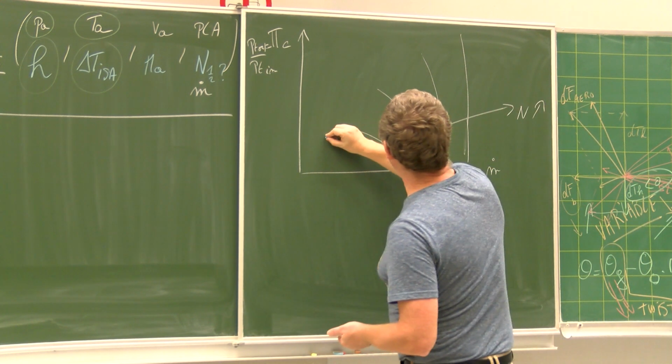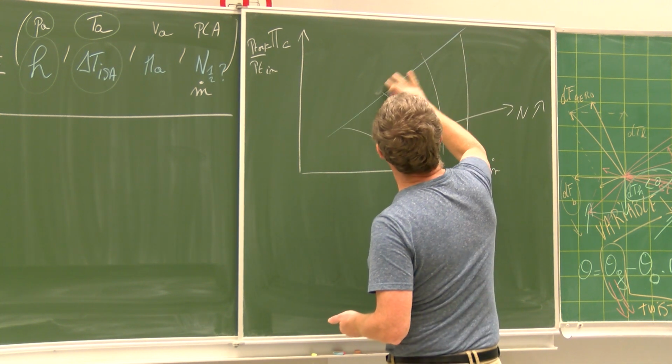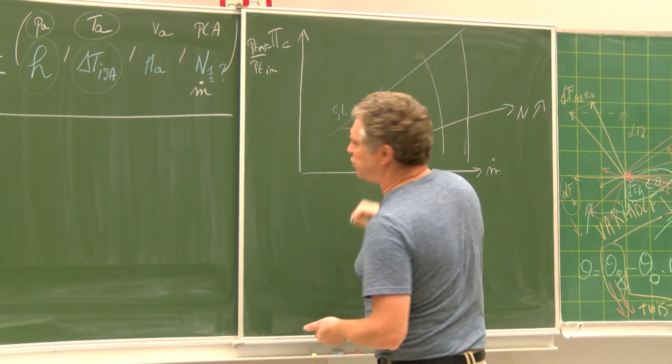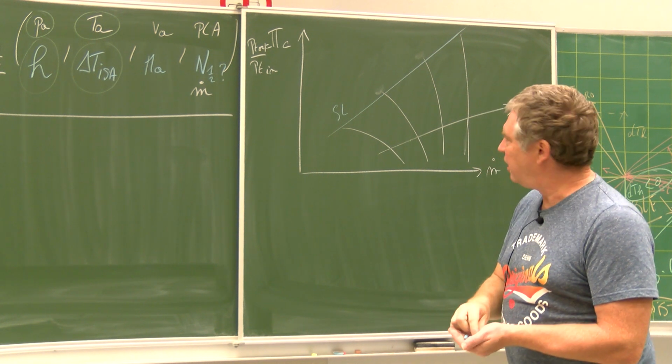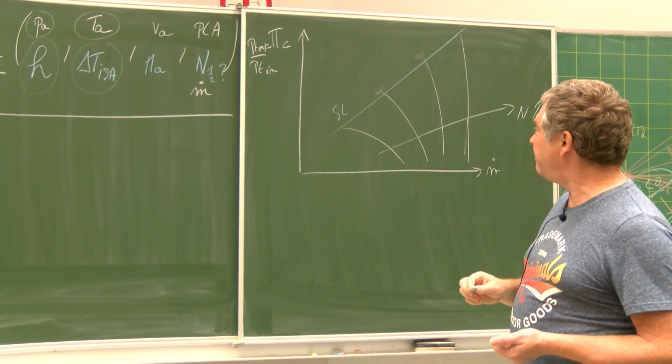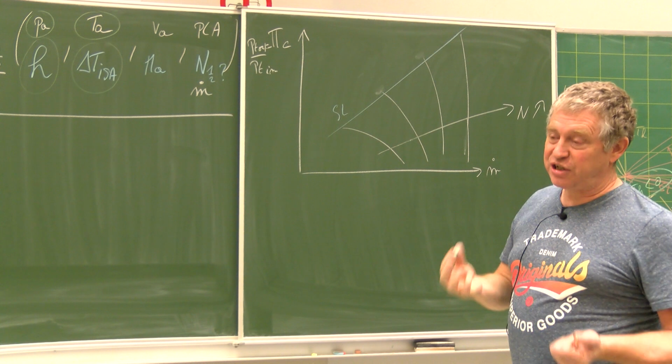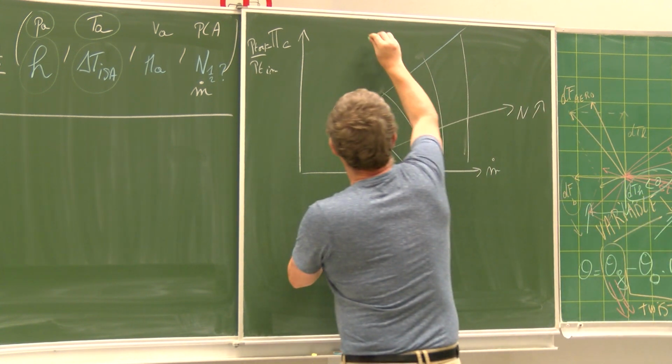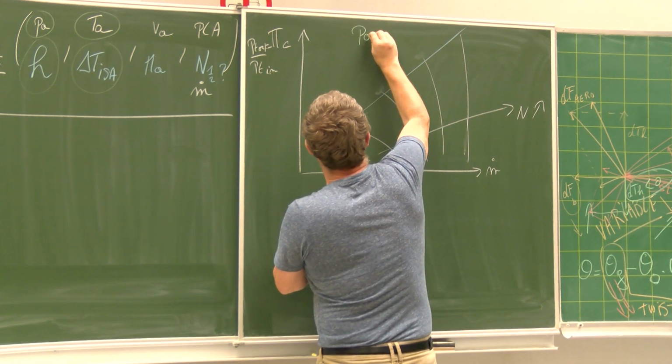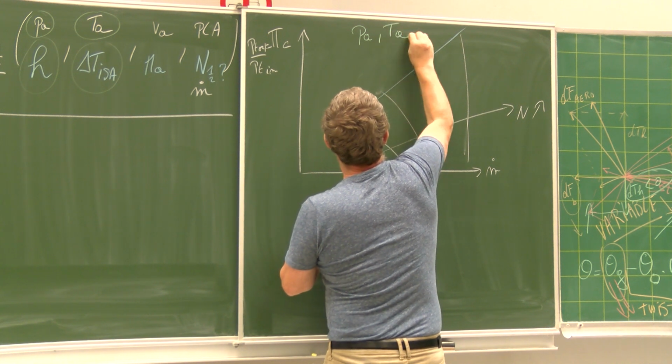Of course, there is a limit that we will need to discuss later on, which is the surge line. I'm not insisting on that as of today. And this curve must be taken for each couple PA-TA.